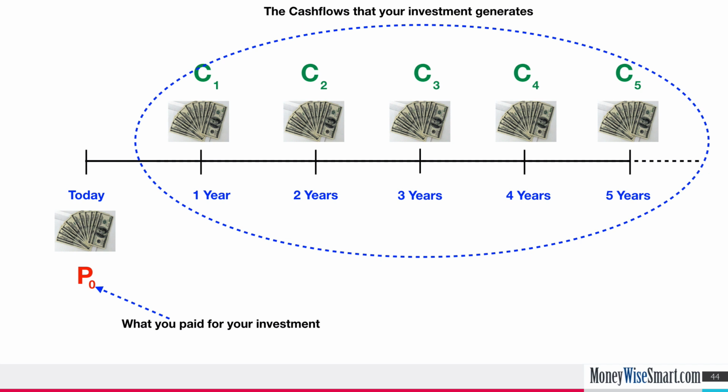So in any investment where you are investing a certain amount of money upfront, we have represented a standard investment in this time series where we are investing an amount of P0 upfront, which is today, and subsequently every year we are receiving a certain cash flow as demonstrated here. Now, the cash flow timeline could also look like this.